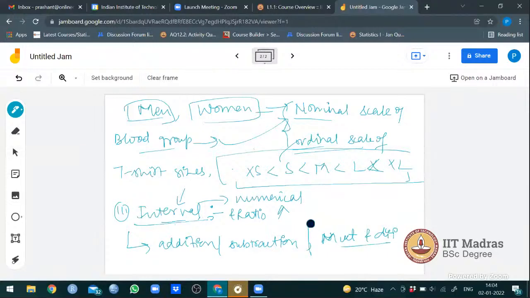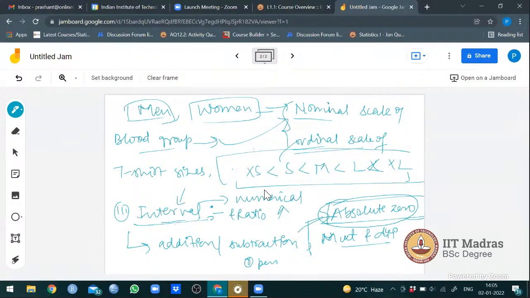If you have watched the video, you have heard about the absolute zero property. In the interval scale, there is an absence of this property. Absolute zero means absence of something. Suppose I say 0 pens, that means there is no pen.